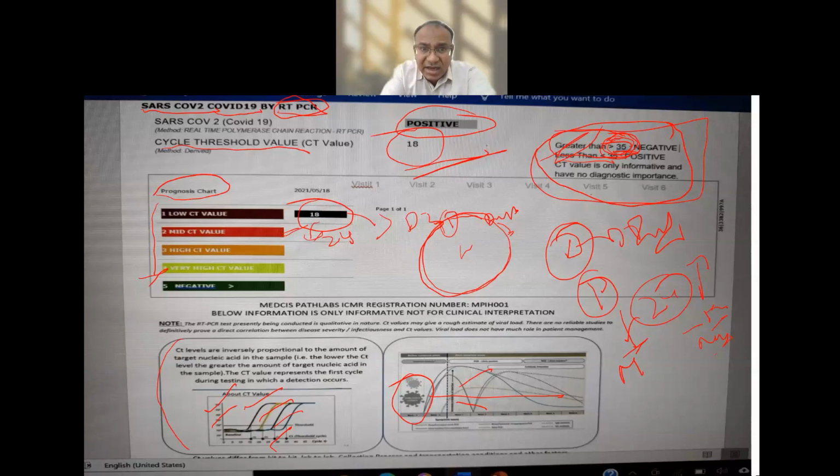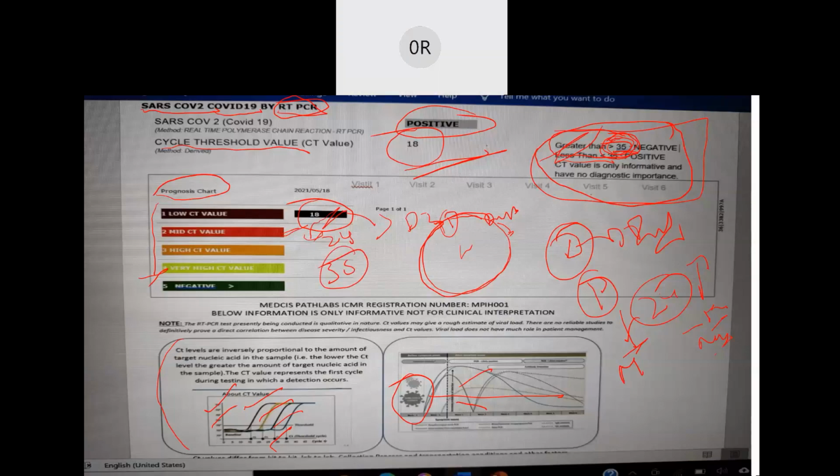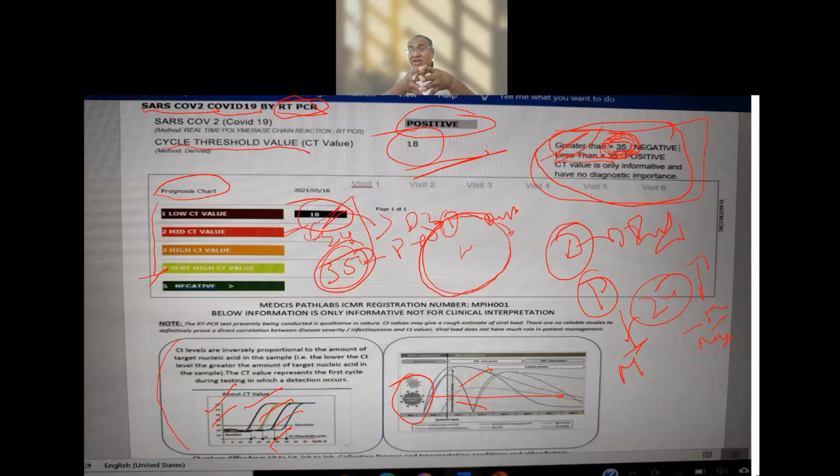Got it here? One person's value is 35. Another person's value is 18. Now your doubt is whether I should consider the fellow with 35 as positive or negative. Yes, sir, that's my doubt.